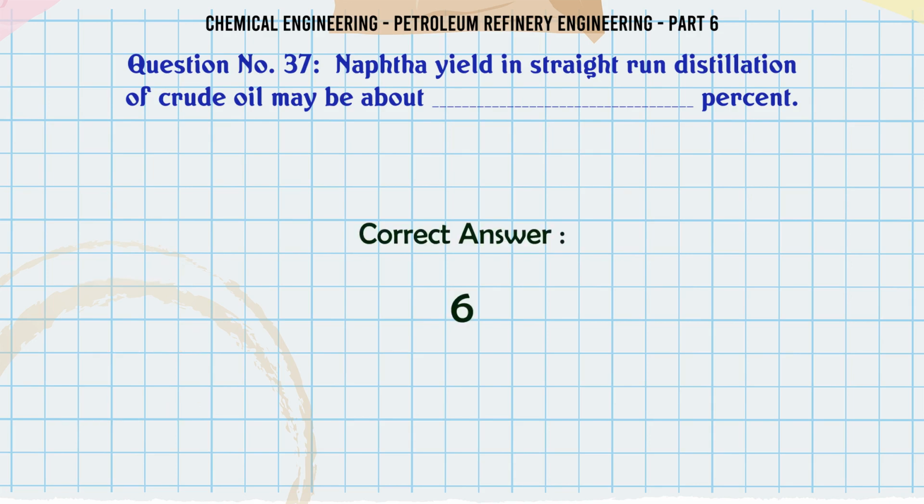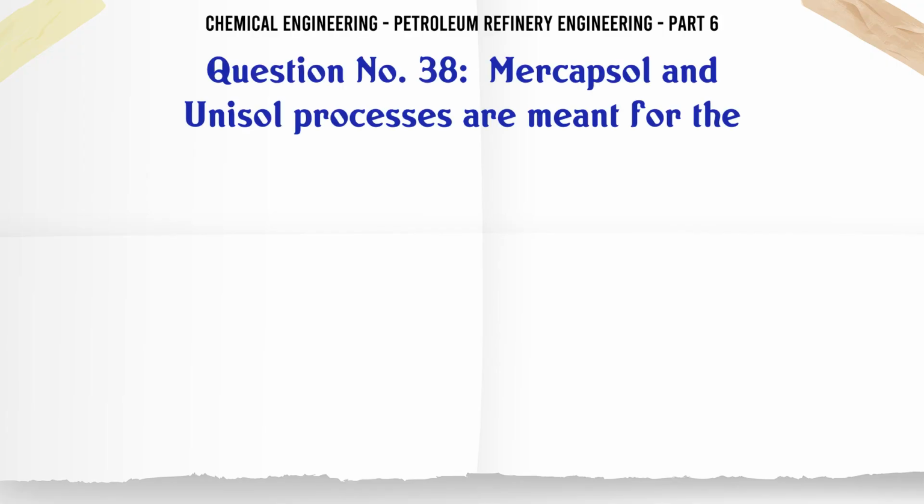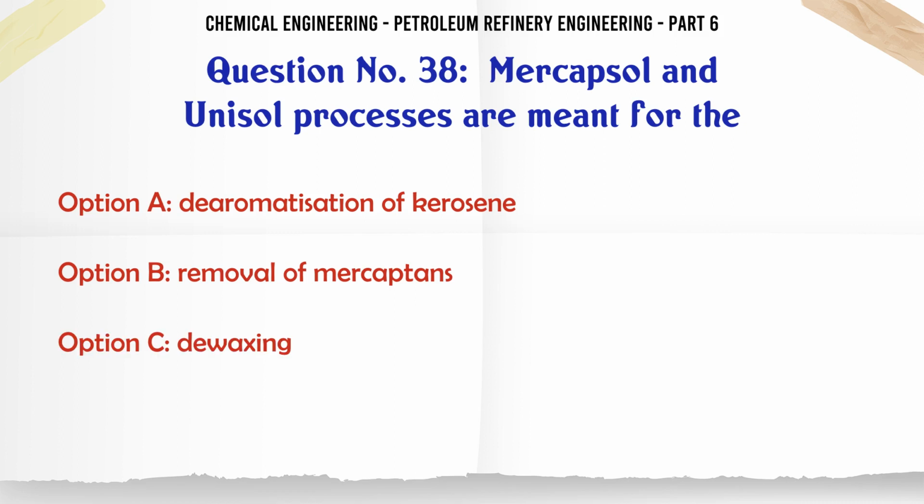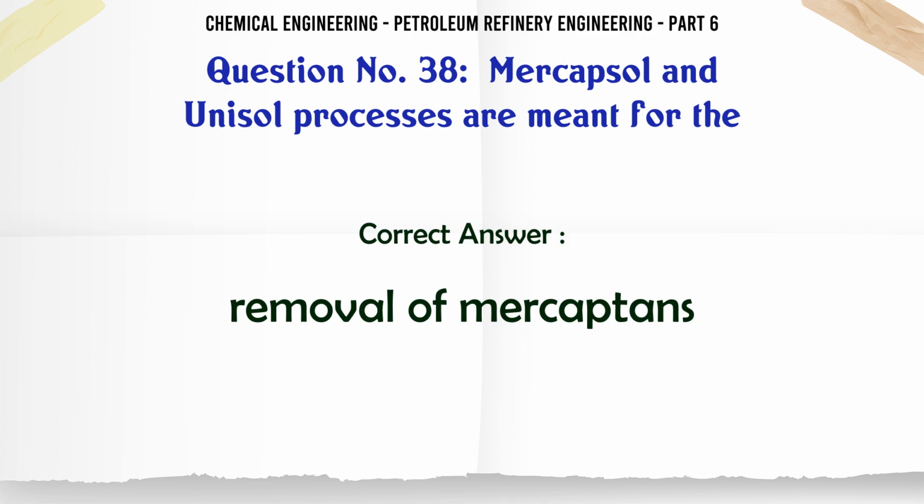The correct answer is 6. Mercapsol and Unisol processes are meant for the A. dearomatization of kerosene, B. removal of mercaptans, C. dewaxing, D. decoloration. The correct answer is removal of mercaptans.